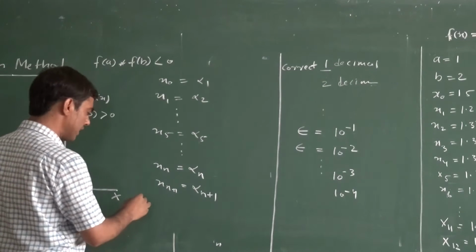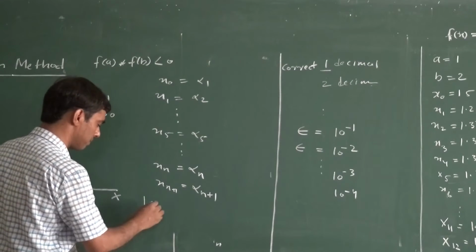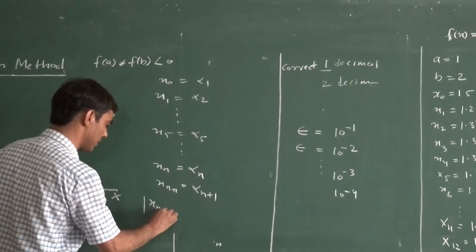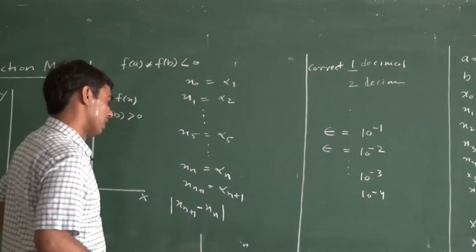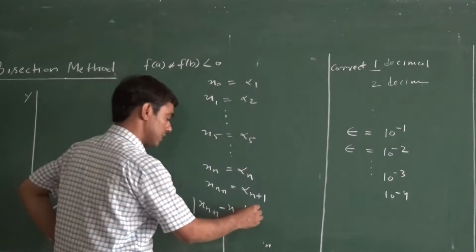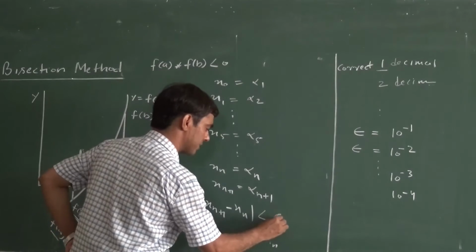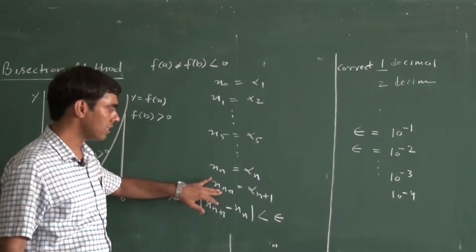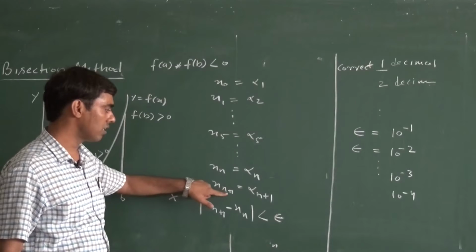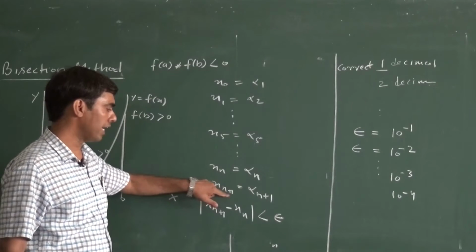If you find the positive difference, that is |xn+1 − xn|, and it is less than EPS, then we stop our iterative procedure from n plus 1.